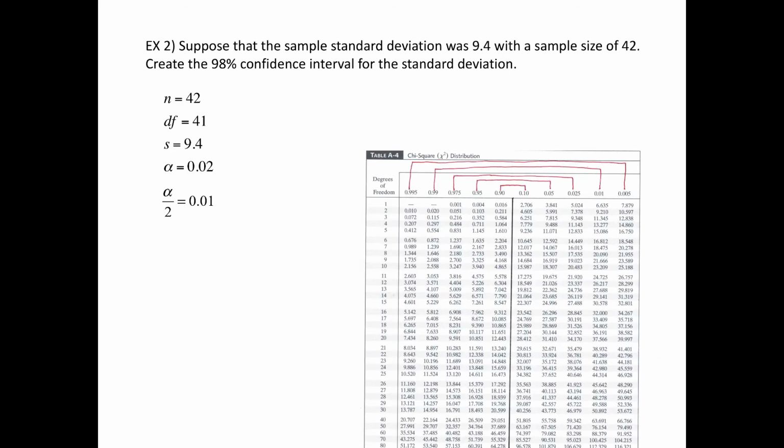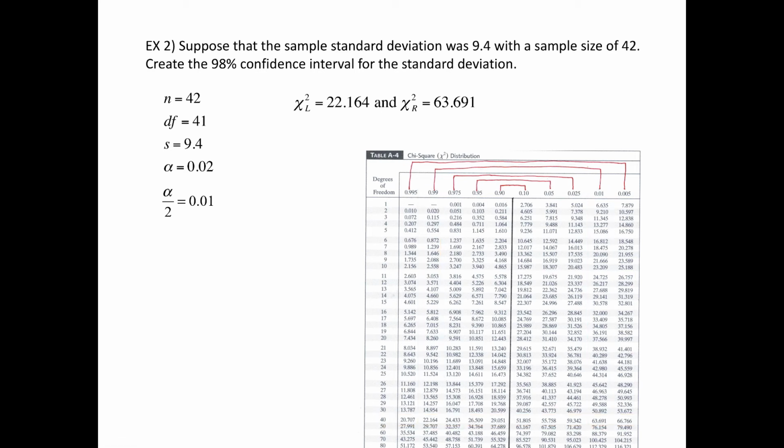Bring up the table, and degrees of freedom is 41, but there is no 41, so use 40, that's the closest. This is 0.01, so use 0.01 over here on the right, and then follow the red line for that one, and it's going to go with 0.99. So chi-squared left is 22.164. Chi-squared right is 63.691.